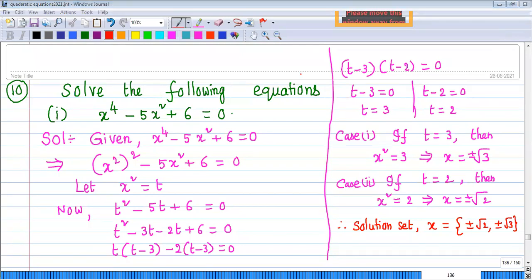Am I correct? 4 real roots. Understood this question? Yes, sir. Understood.